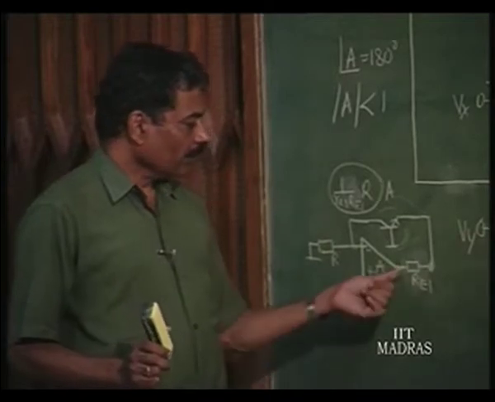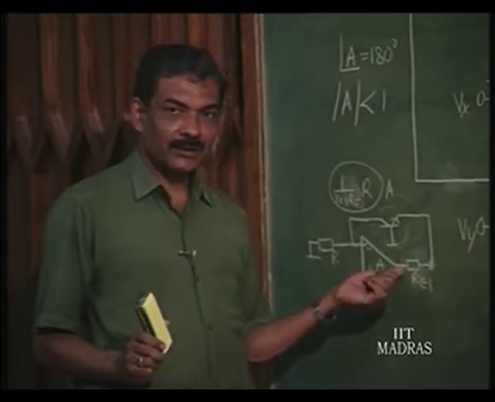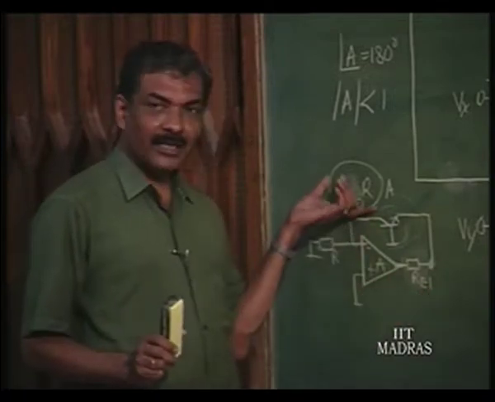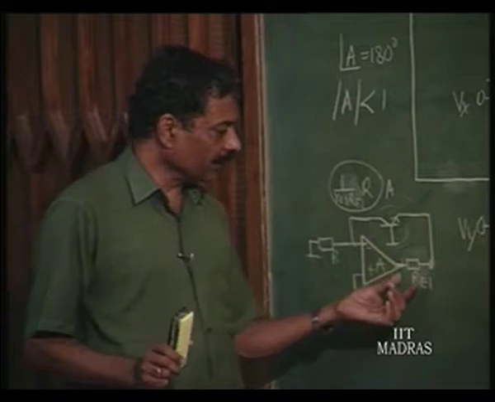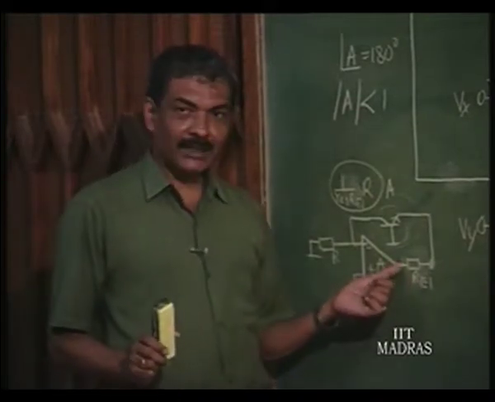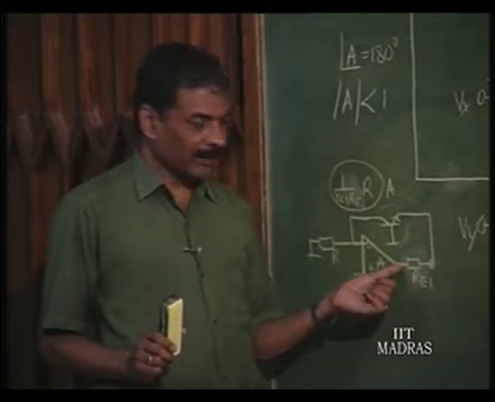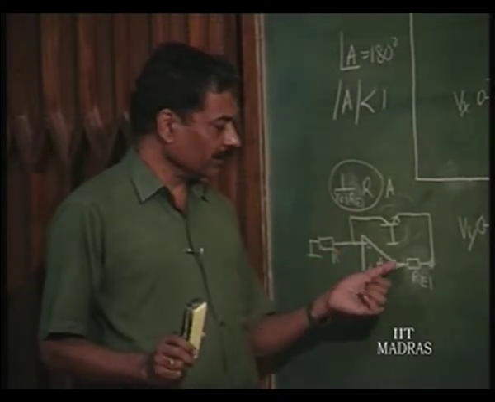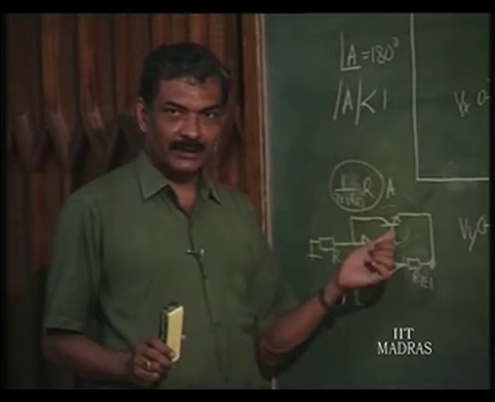Now, what happens to the output voltage? Obviously, Re1 can be made very large, so that this gain can be reduced considerably. That is not the point. As Re1 is increased, the voltage which is necessary for a certain current is going to increase. Suppose 1 milliampere flows through this.